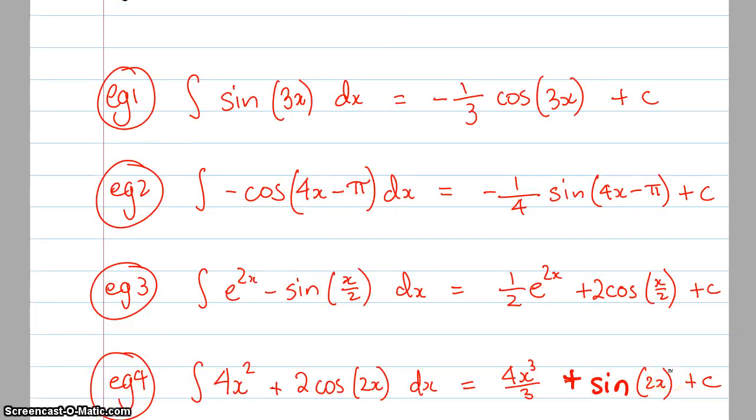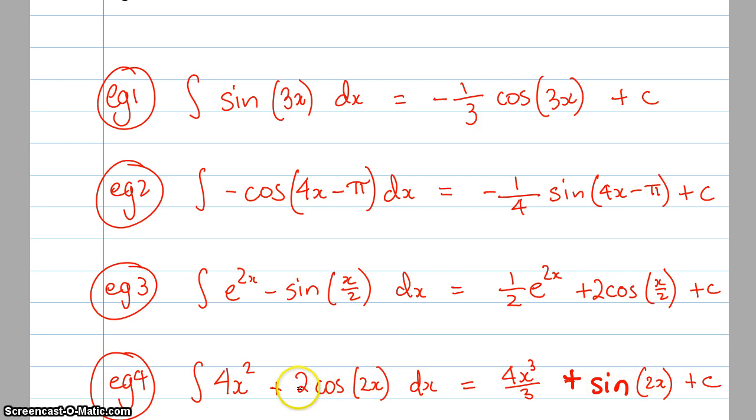For the next example, again, I've got two different functions together. I've got the integral of 4x squared plus 2 cos 2x dx. I do the 4x squared first, that becomes 4x cubed on 3, and a positive cos function integrated becomes a positive sine function.